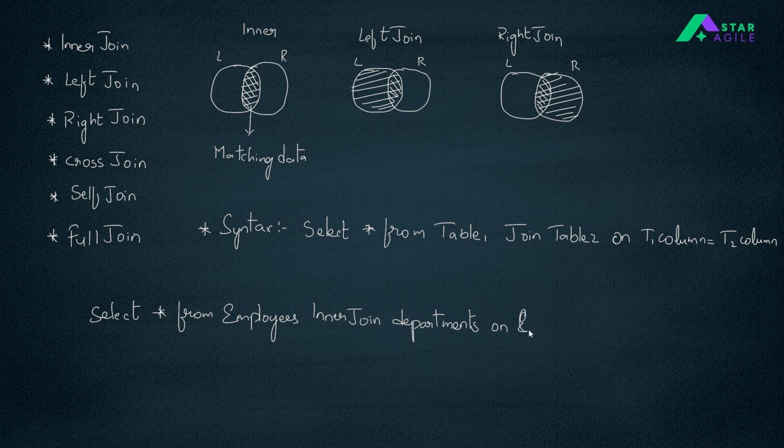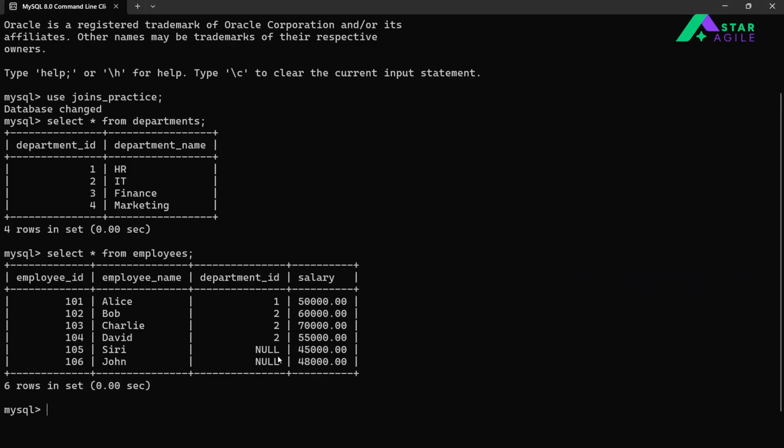So from the employees dot department underscore ID equal to departments dot department underscore ID. So these are the two columns. I am making a common column condition for this join. Okay, so accordingly I'll write it in this command line client.